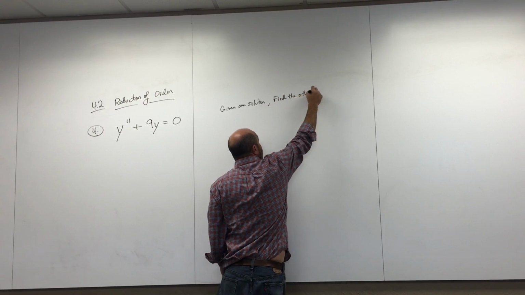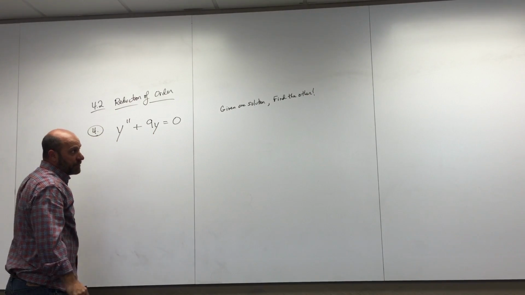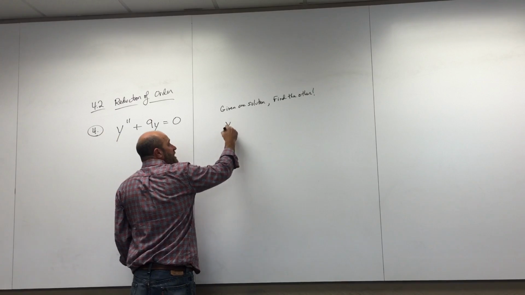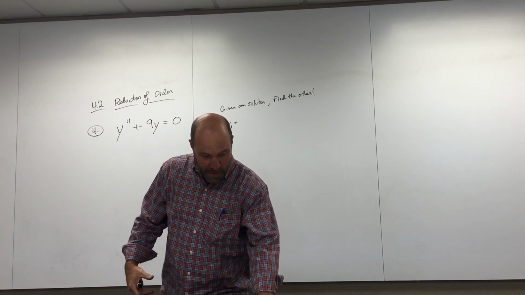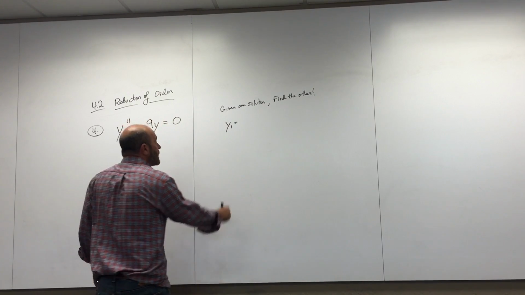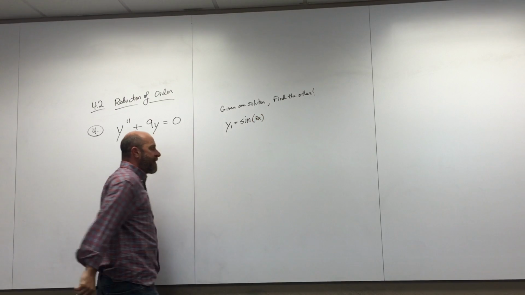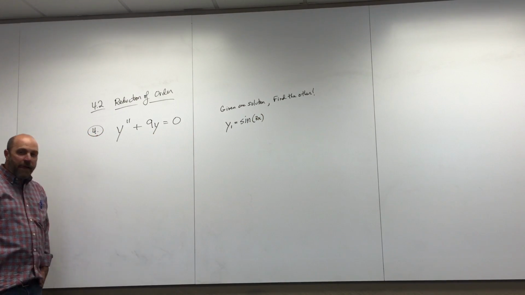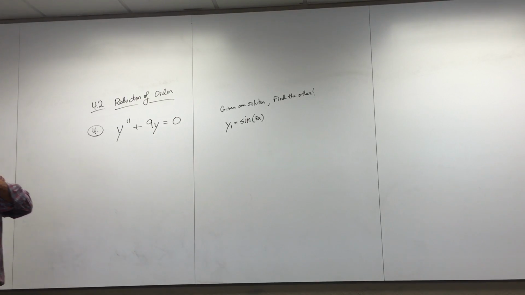And the method for finding the other one is this reduction of order method. So here's this one solution that's given: y1 is sine of 3x. Okay, so they're saying find the other one, y2.